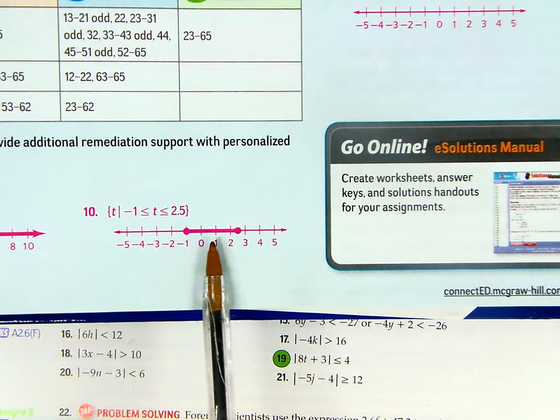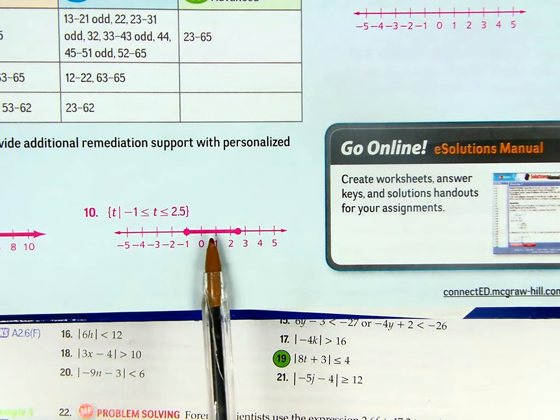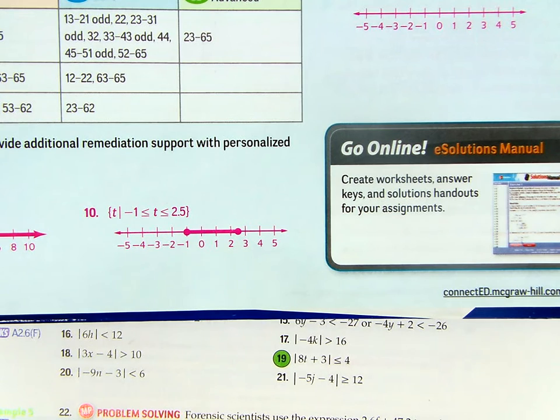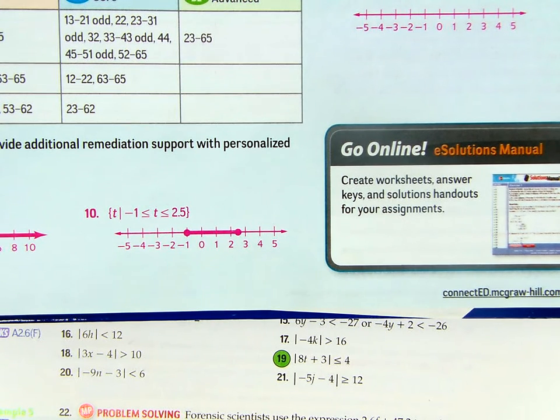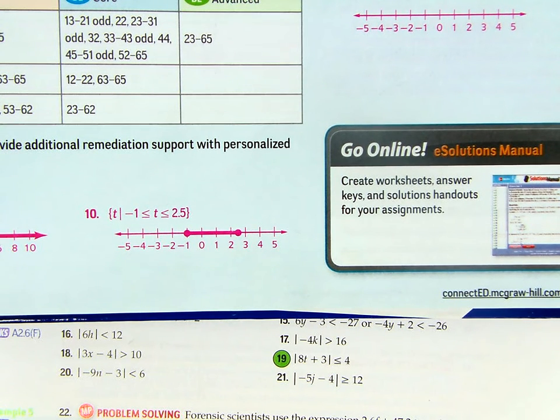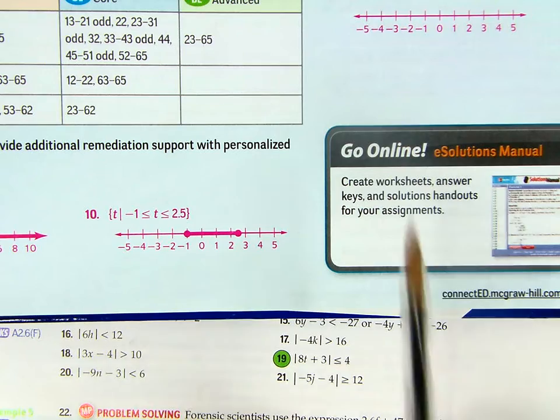And then number 10. Would this be an and or an or? An and.